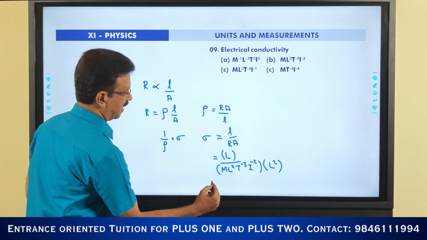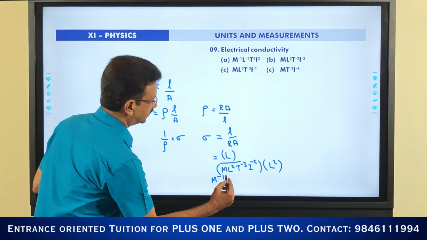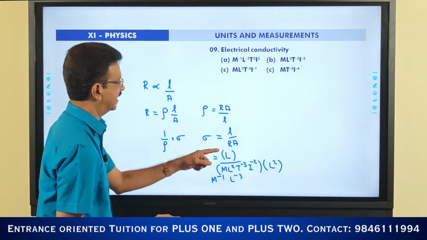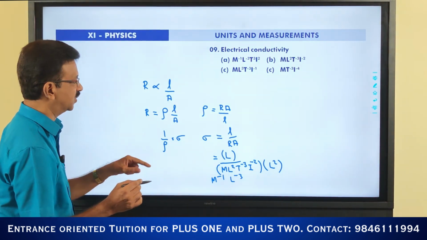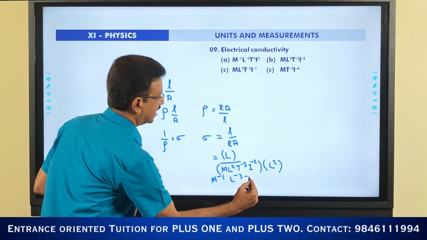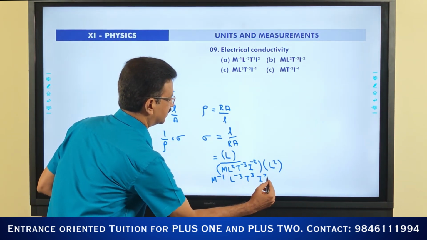Simplify, M raised to minus 1, L raised to minus 3, L raised to 4, another L at the top, then L raised to 3 at the bottom, therefore L raised to minus 3, then T raised to 3, I raised to 2.